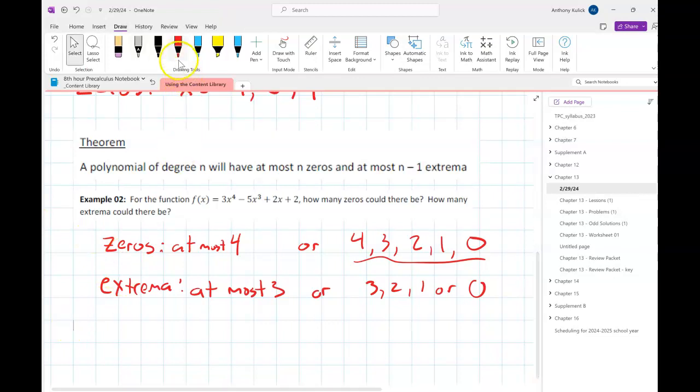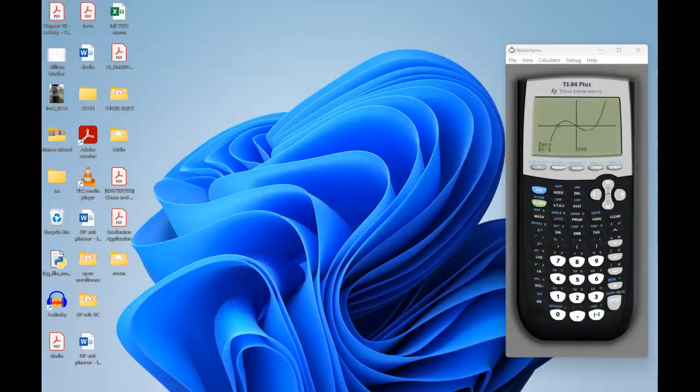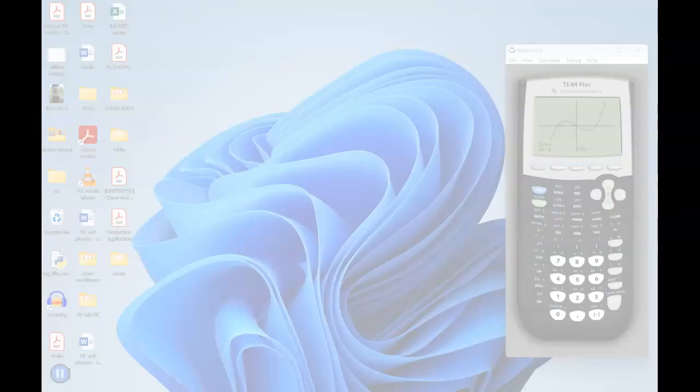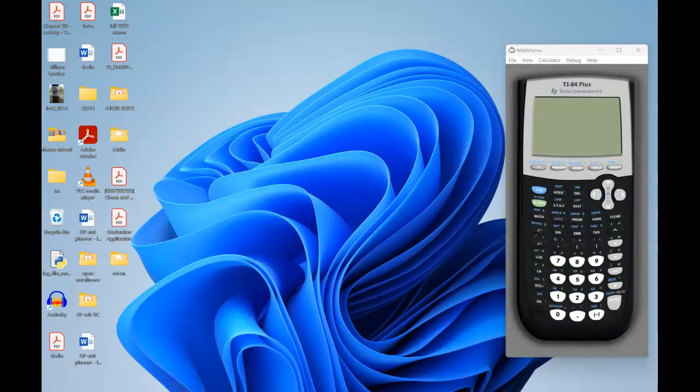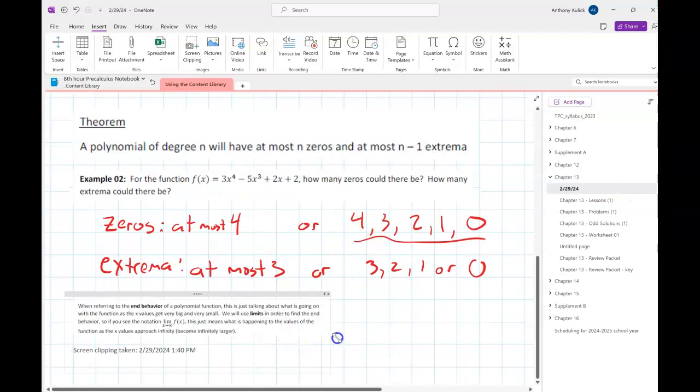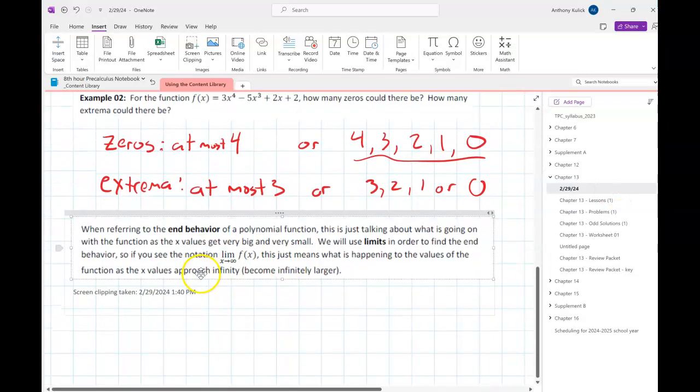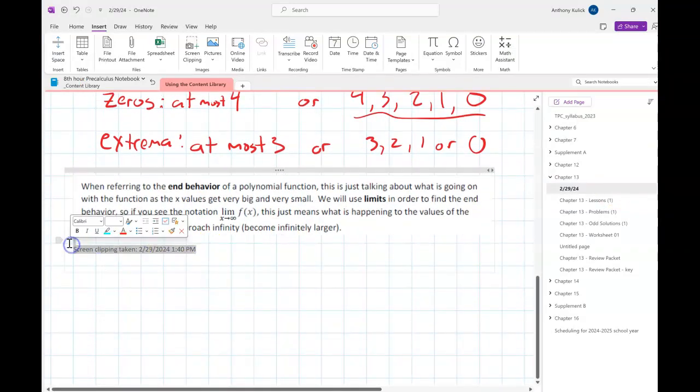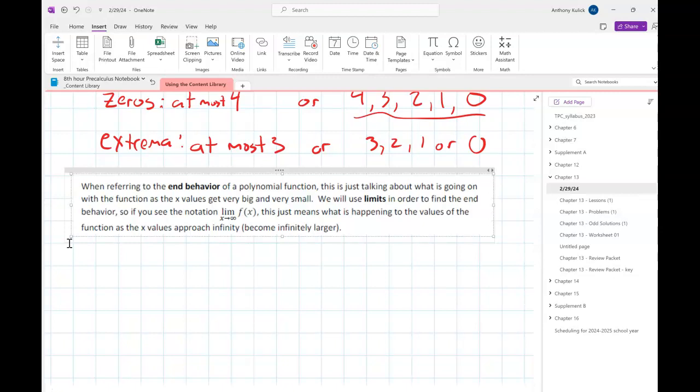Okay. The next feature of our polynomial graph that we're going to talk about is the end behaviors. And we talked about end behavior in general first semester. So the end behavior for a function is describing what the arrows on the graph are doing. So you always have an arrow at the left end and the right end.